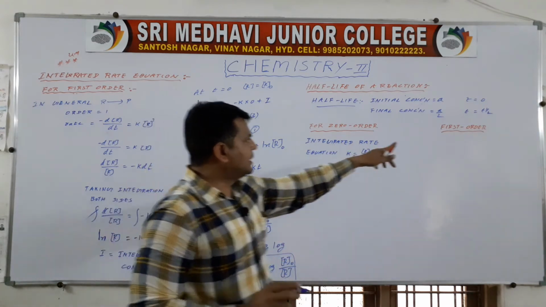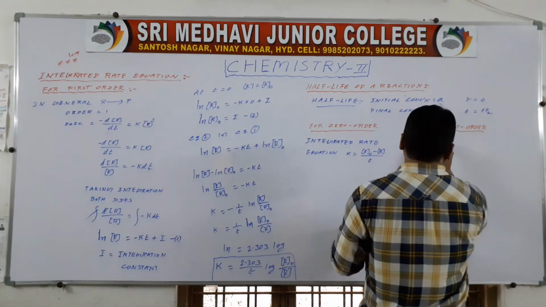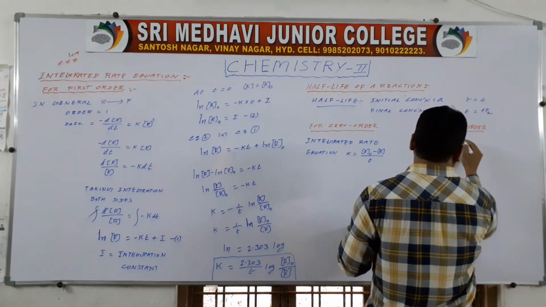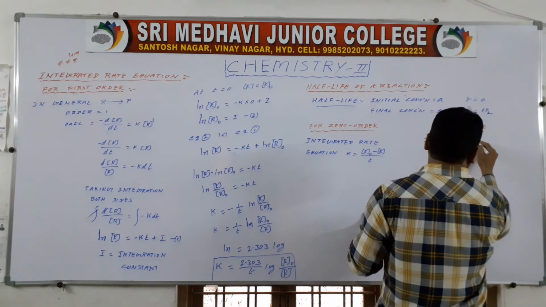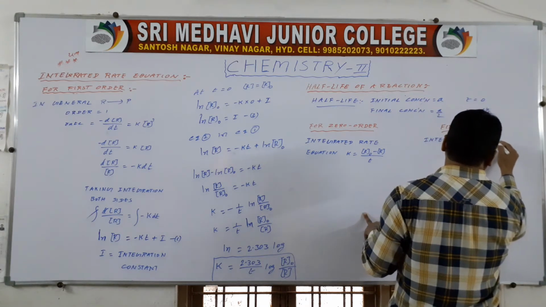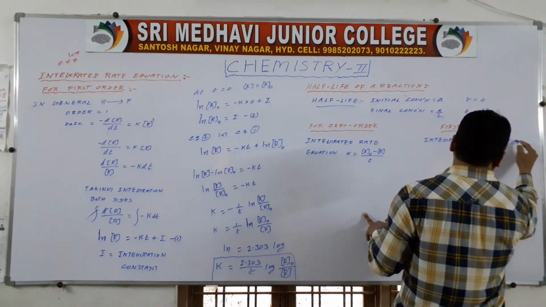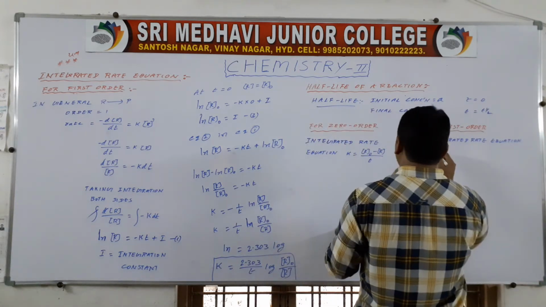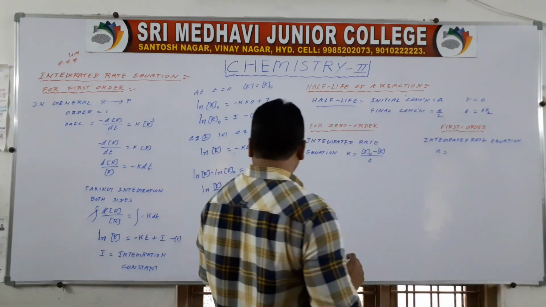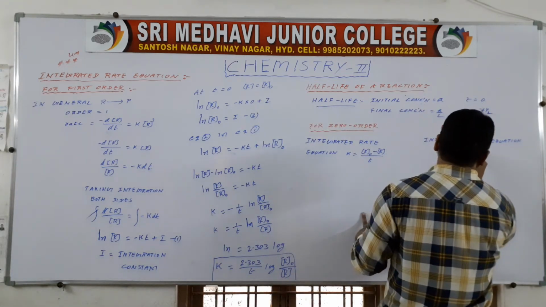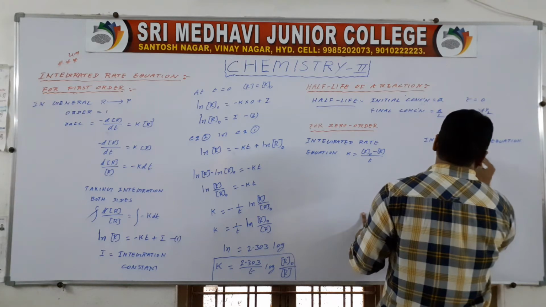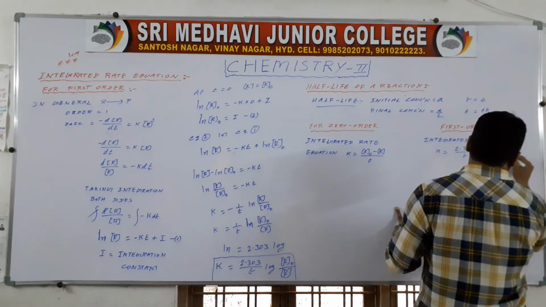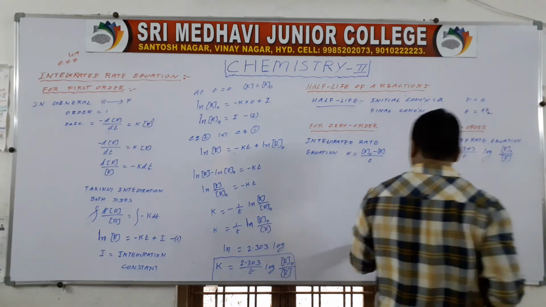Then the integrated rate equation for first order: k equal to 2.303 by t log of R concentration naught by R concentration.